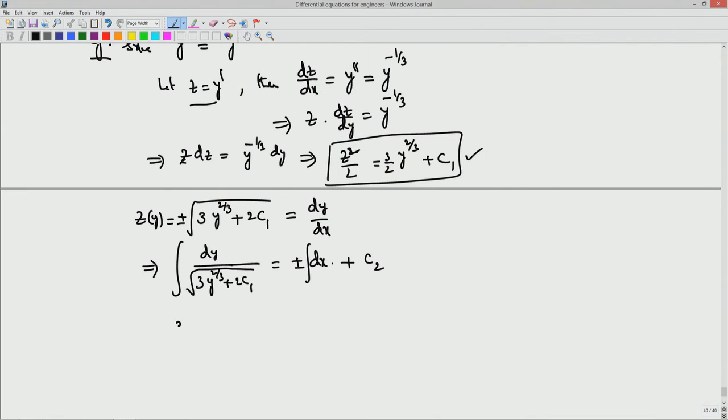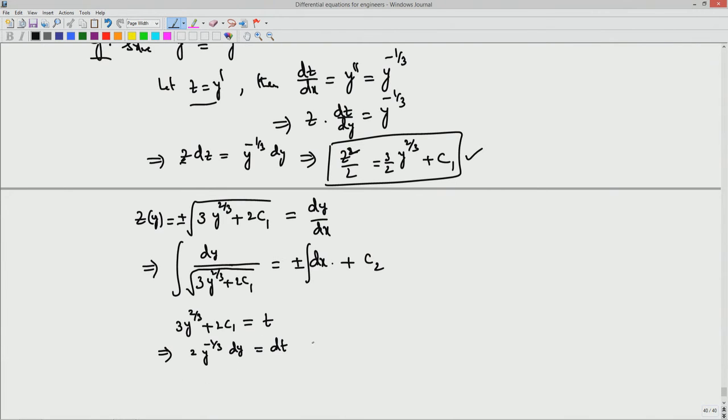You can integrate by taking y power 2 by 3 plus 2 C1 as some t. This will give me 2 by 3, so 2 y power 2 by 3 minus 1 is minus 1 by 3, dy equal to dt.